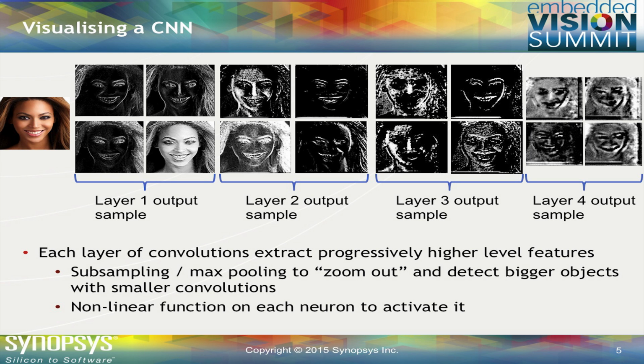And at each layer, the other key part of the CNN is that you subsample or do max pooling or both to sort of zoom out and be able to detect bigger features, or a face in this case, but with smaller convolutions that don't cost too much to implement at runtime.